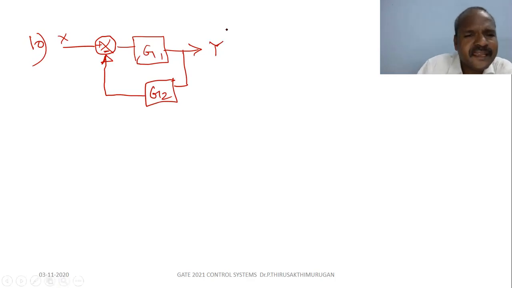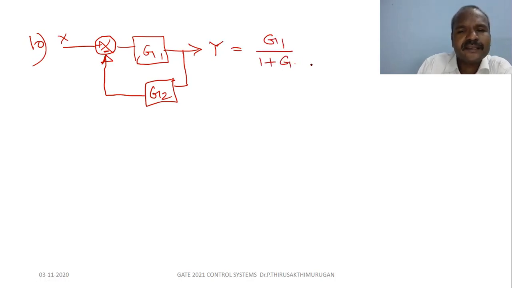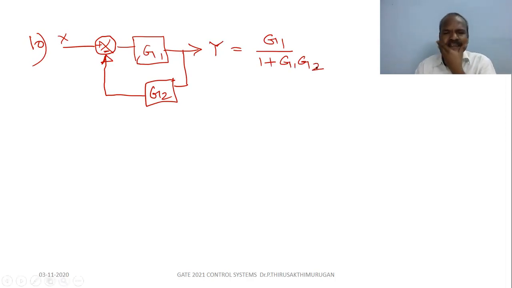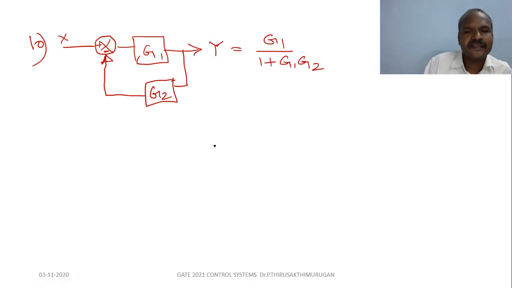So what is the resulting Y equal to? The forward path will be the numerator divided by 1 plus the loop transfer function G1 G2. G1 G2. So what is the equivalent for this?